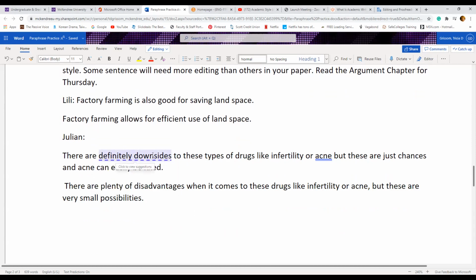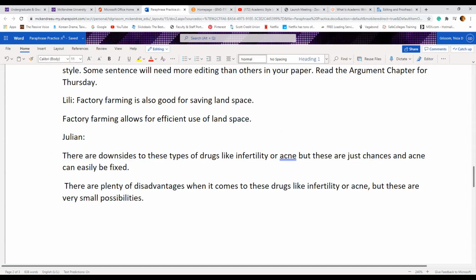I actually don't have too much quarrel with definitely downsides, but you could edit it without the emphasis. There are downsides to these types of drugs like infertility or acne, but these are just chances and acne chances.